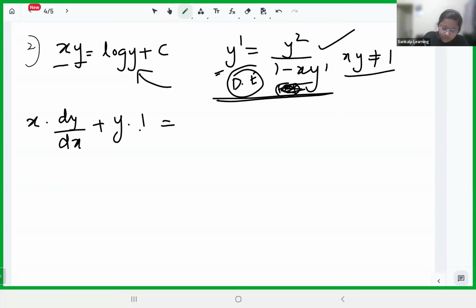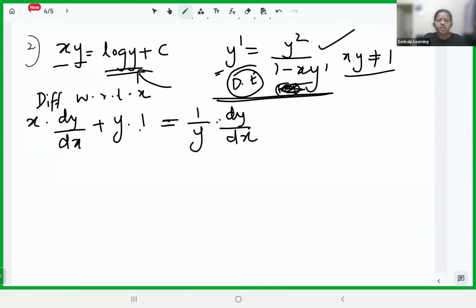This is equal to, what is the derivative of log y? It is 1 by y, but it is variable y and we are differentiating with respect to x, so you have to multiply it with dy by dx. And c is a constant, so the derivative is 0.